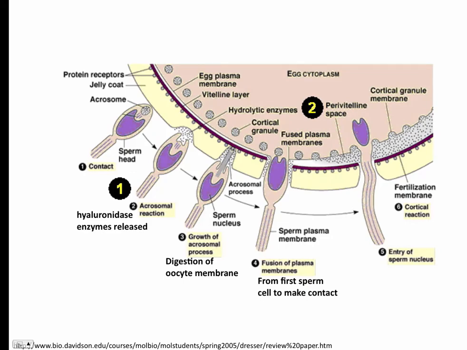Here we have this acrosomal reaction, in which case we release all those digestive enzymes, hyaluronidase enzymes, into this space where we can start digesting away this corona radiata. Digest through this membrane, and then this is the first sperm that makes it through, and this genetic material, all this DNA, is going to fuse with the plasma membrane and enter into that cell.